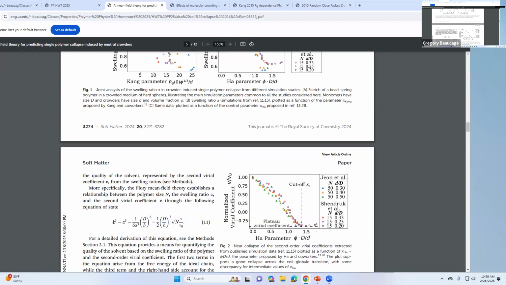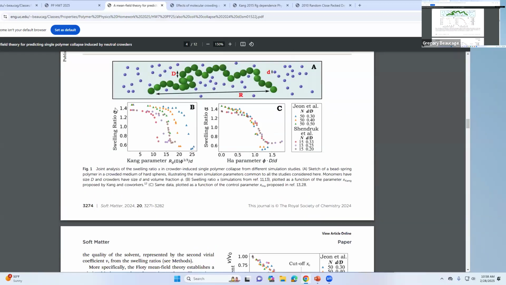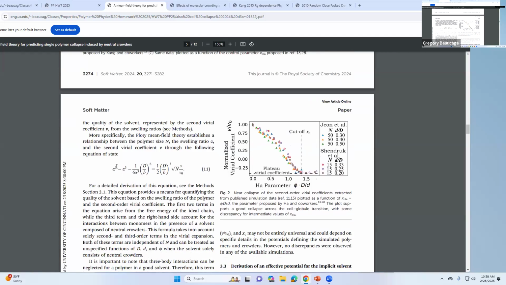So this alpha is r by r0, and that's the second Viral coefficient nu. So he can run this simulation and get alpha. Like his point of his simulation, he gets alpha. And then he can plug that alpha in here. If he knows D by B, then he can get the second Viral coefficient from it. Right. So that's number one.